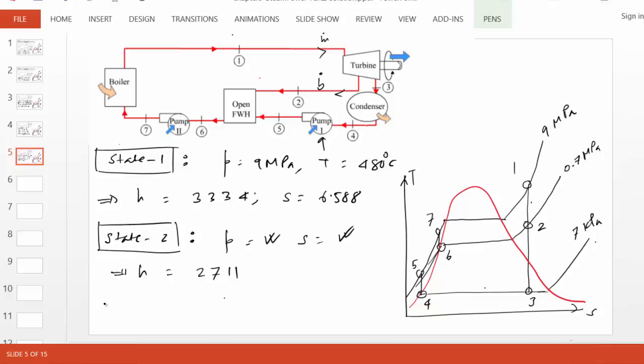Okay, we carry on like that. So state 3 similarly, actually state 3 also we know pressure and we know entropy, so it's very similar way we figure out enthalpy for state 3 to be 2046.